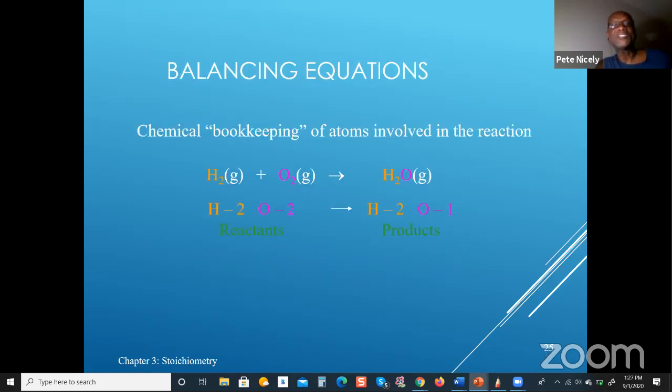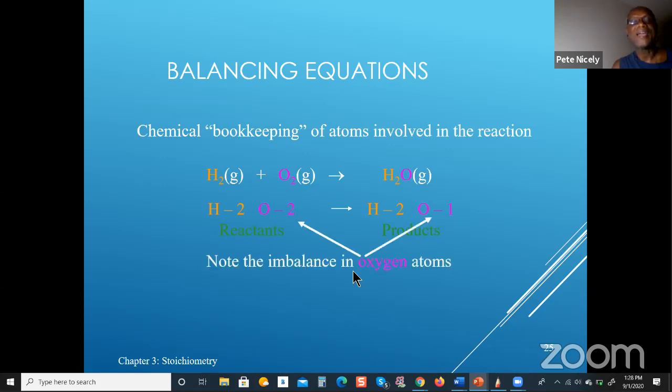So if you look at each side, I should say, you'll see that whereas you have the same number of hydrogen atoms on both sides, the number of oxygen atoms are different. You have 2 oxygen atoms here, you have 1 here, right? So the question now becomes, how do we make sure that the number of oxygen atoms here and here are the same, all right?